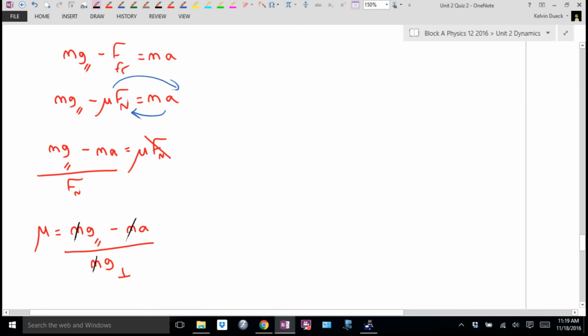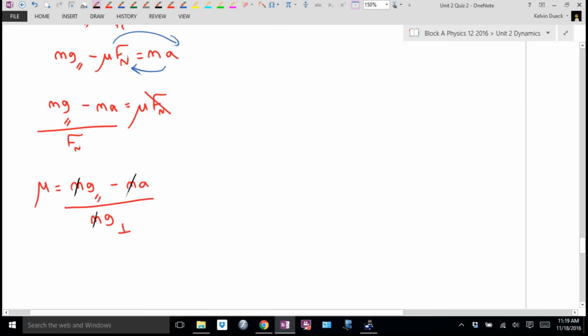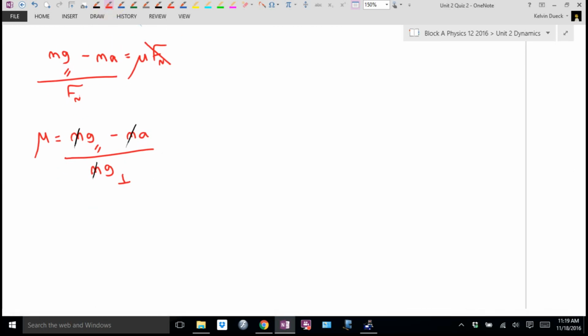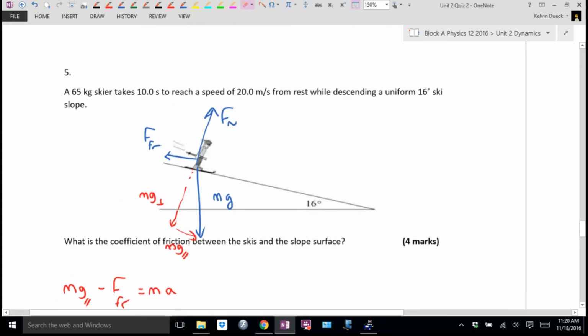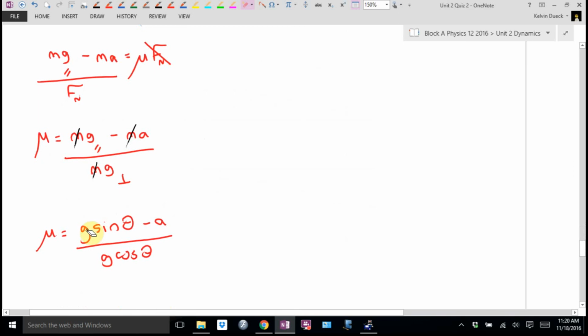Don't have to, but it does. So I'm going to get this. Mu equals g parallel, that's going to be g sine theta minus a all over g cos theta. Do I know the angle theta? They gave me that, didn't they? Yeah, 16 degrees. Do I know g? 9.8. Do I know the acceleration? Not yet. So right now this is unsolvable.